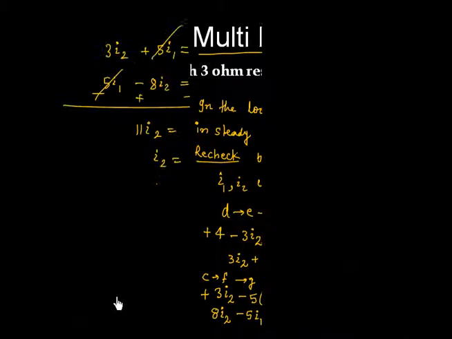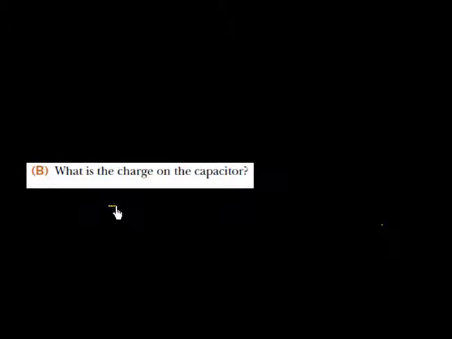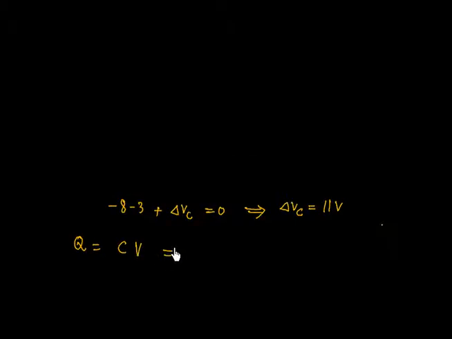So we have here minus 8 plus minus 3 plus potential across capacitor equals 0. So from here we can say the potential across the capacitor is 11 volt, and the charge on the capacitor is given by the formula Q equals CV.